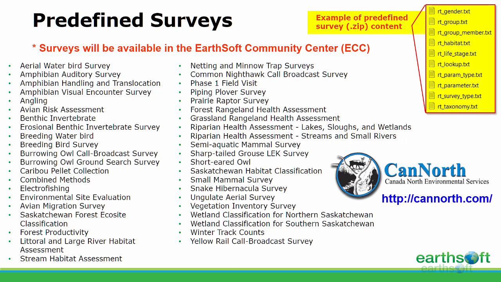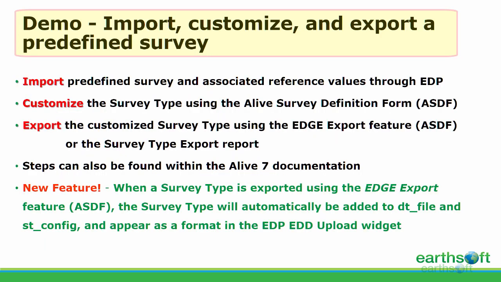In the top right here, you'll see an example of the predefined survey zip file content. Each one of these text files has reference values unique to each of the surveys. So again, I will be demoing how to import, customize, and export a predefined survey within EQuIS.